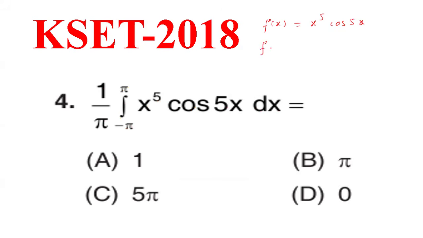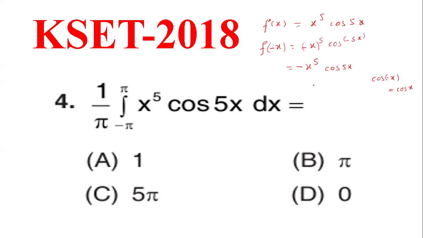See, f of minus x is equal to minus x raised to 5 cos of minus 5x. We know that cos of minus x is equal to cos x, and minus x raised to 5 is minus x raised to 5. Therefore, this is cos 5x.